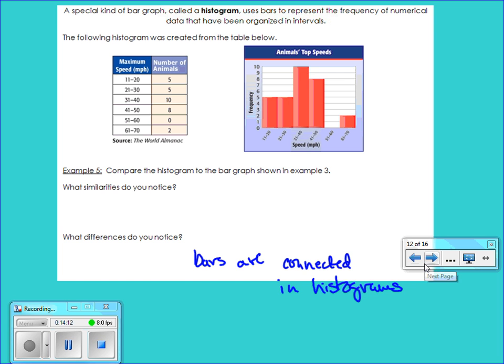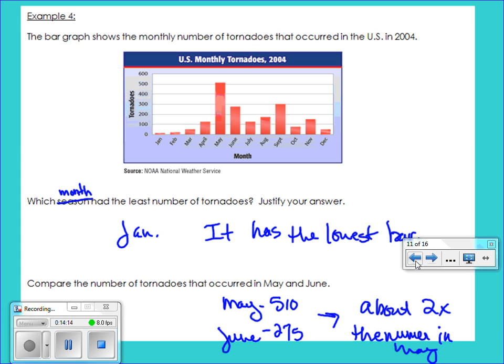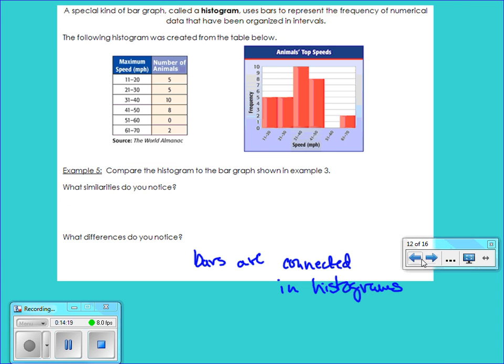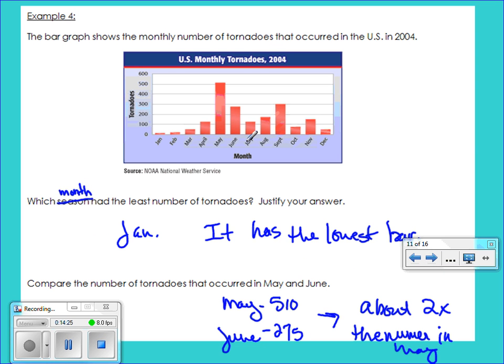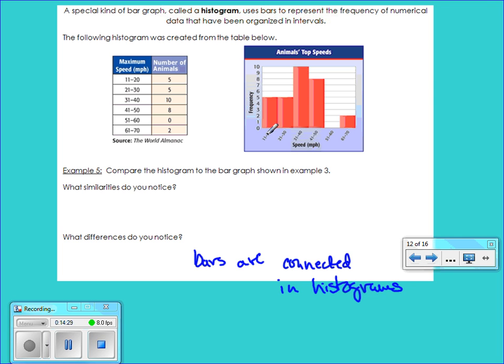Look closely between the two item types on your paper. It's all numbers. Like this one has all numbers on both sides, where this one has more categories. That's true. Okay.